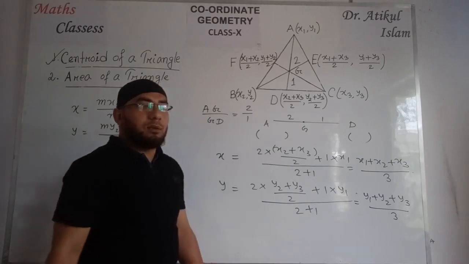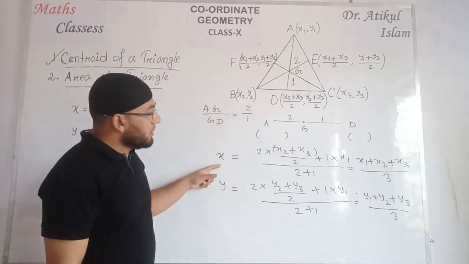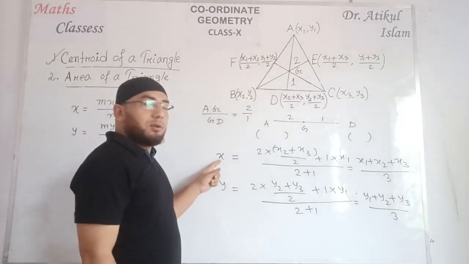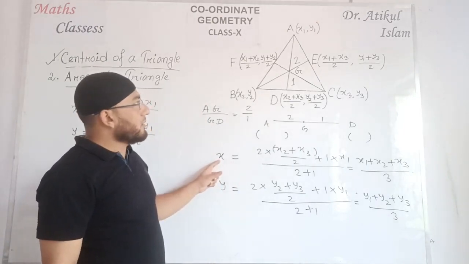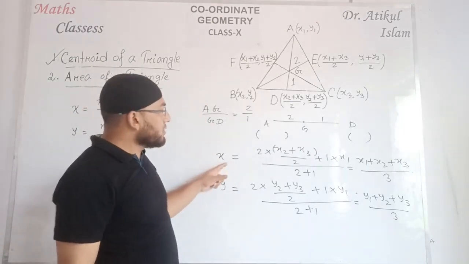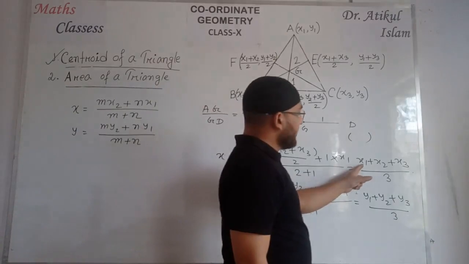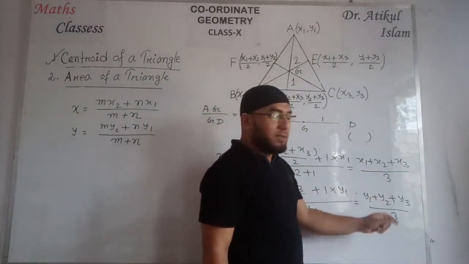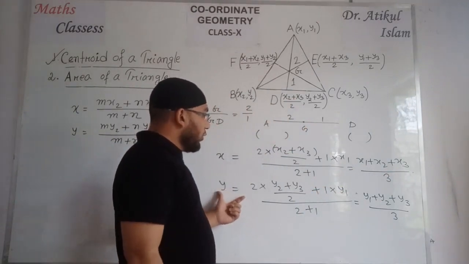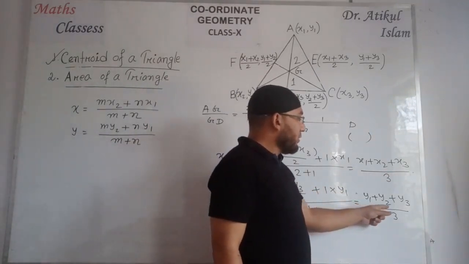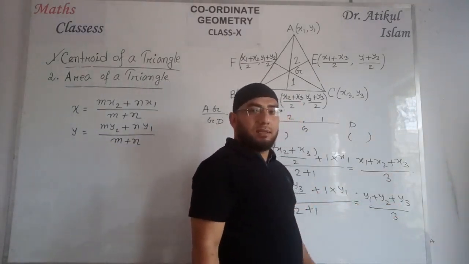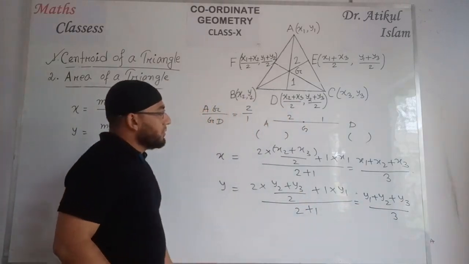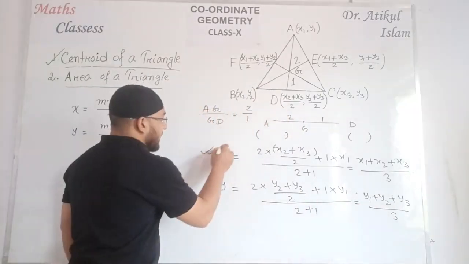So this is the coordinate of the centroid of a triangle when you have three vertices. The abscissa is the sum of all the abscissas of A, B, C divided by 3, and the ordinate is the sum of all ordinates divided by 3. So this is your formula.